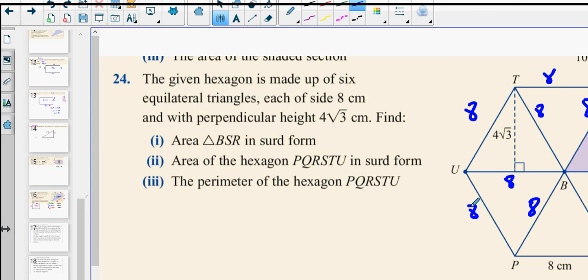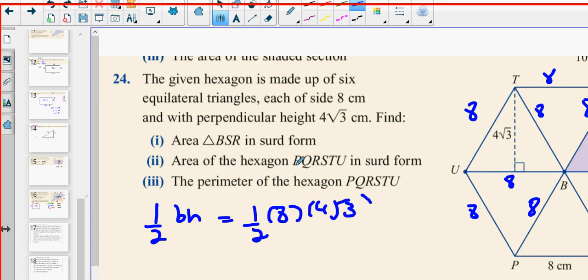Area of the triangle in surd form. Well, it's a half base times height. It gives us the height, doesn't it? 4 root 3, so a half base times height. It looks impossible, but it isn't. Put that into the calculator and you get 16 root 3. Done.